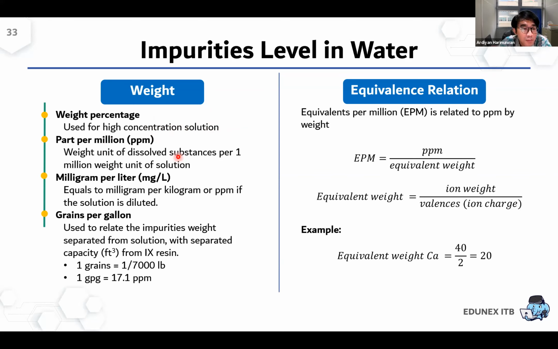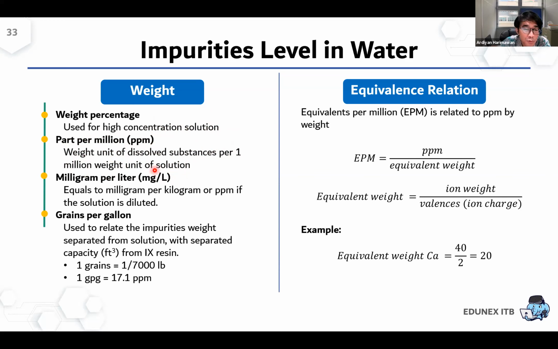So for that one, we use the ppm unit, part per million. So this is the weight of the dissolved substance per 1 million weight of solution. Jadi 1 per sejuta. Ya, jadi 1 ppm is 1 kilogram of substance per 1 million kilograms of solution.